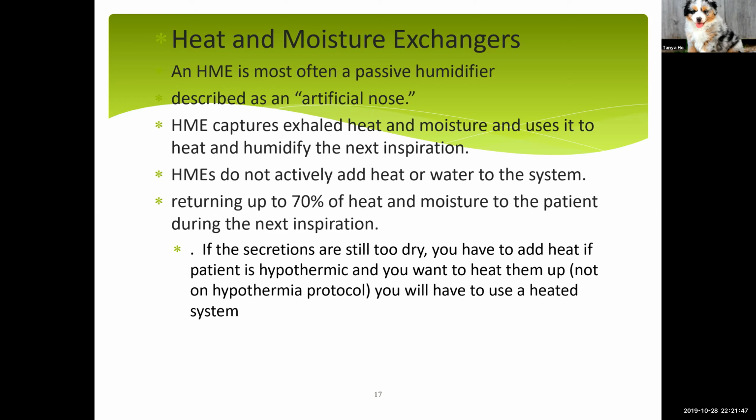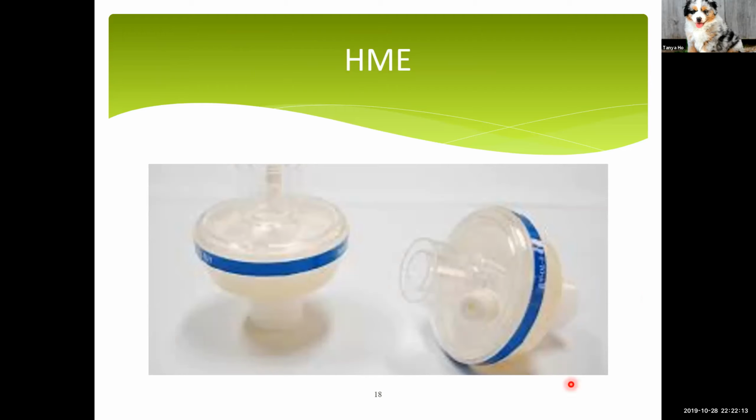You can use this in the first period, let's say a patient gets an artificial airway placed. You can go ahead and put them on an HME, and later on you can evaluate whether they need to be on a heated system or not. Here's a picture of an HME.